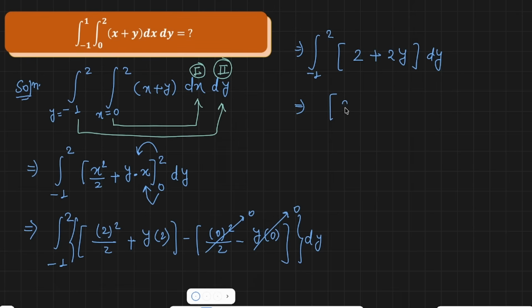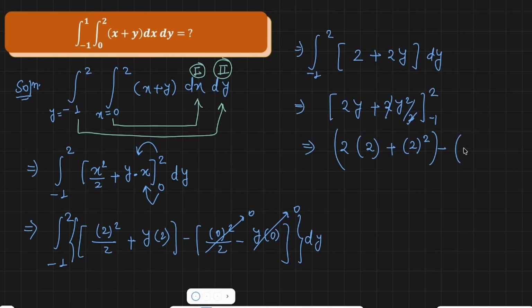So now it will be 2 into y plus 2 into y square by 2, from -1 to 2. This is the integration of this, and the 2 and 2 get cancelled. So with the upper limit it will be 2 plus 2 square, minus the lower limit, which is 2 times -1 plus -1 square.